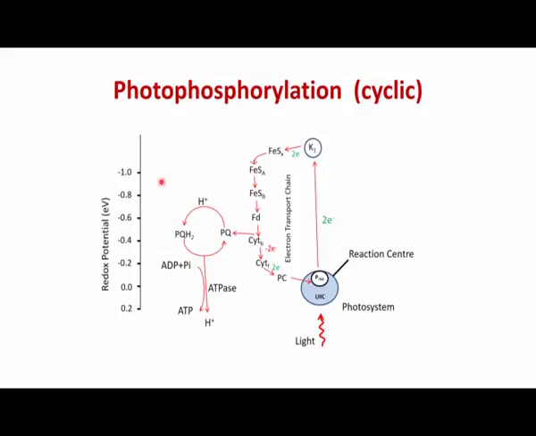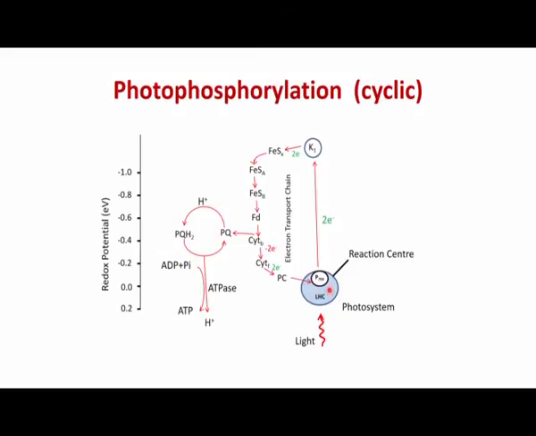Here, P700 acquires the sunlight and excites the electron from the reaction center. Why is it called a cyclic reaction? Because the electron which goes away from the reaction center comes back to the reaction center after going through the different electron transport donors and acceptors.